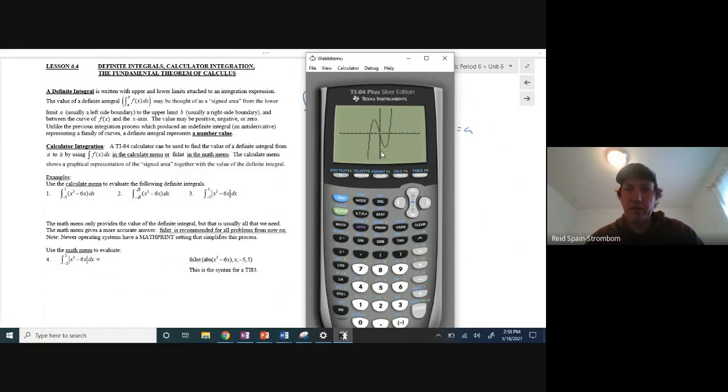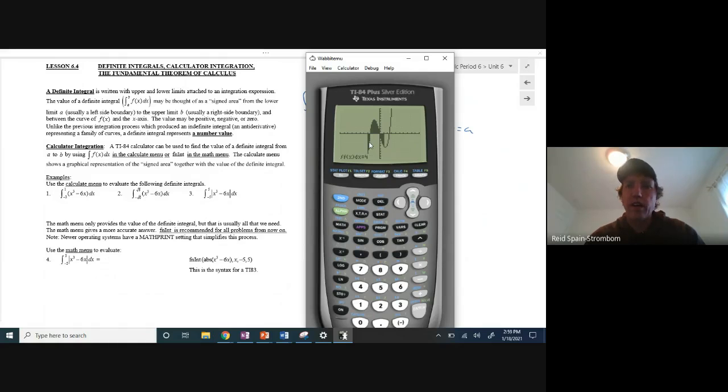What do I mean by signed area? Well, this calculator is pretty cool. If I hit second calc, it'll show what I mean by our area here. If I hit number 7, that's our integral of f of x. Lower limit, we're going to hit negative 3. Upper limit, I'm going to hit 1. And what you can see is all of the shaded area here is what goes into it, and that gives us 4.